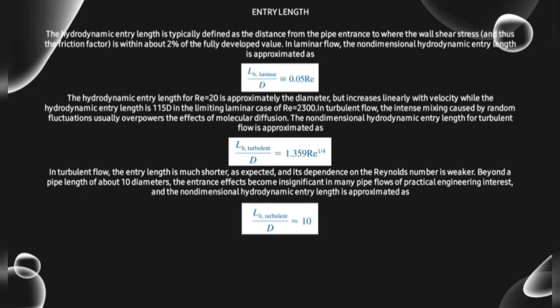In turbulent flow, the entry length is much shorter, as expected, and its dependence on the Reynolds number is weaker. Beyond a pipe length of about 10 diameters, the entrance effect becomes insignificant in many pipe flows of practical engineering interest, and the non-dimensional hydrodynamic entry length is approximated as L_h,turbulent over D approximately 10.